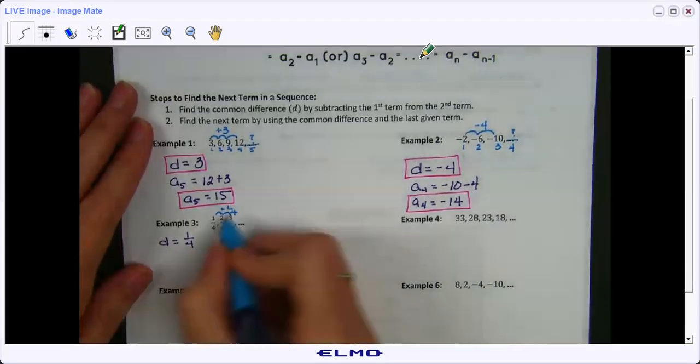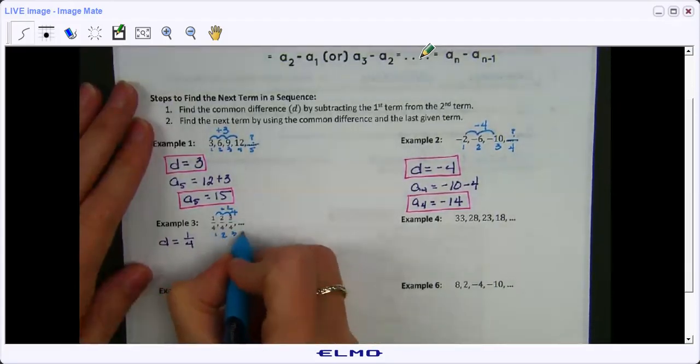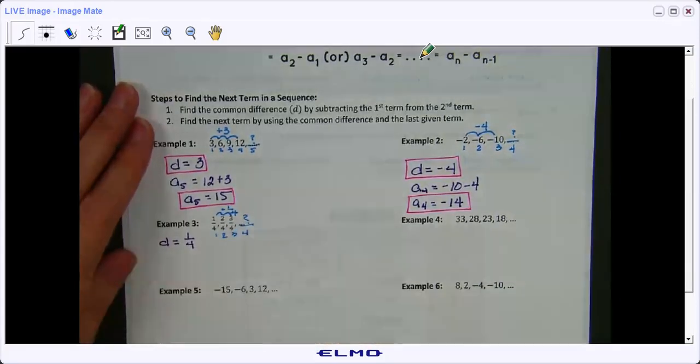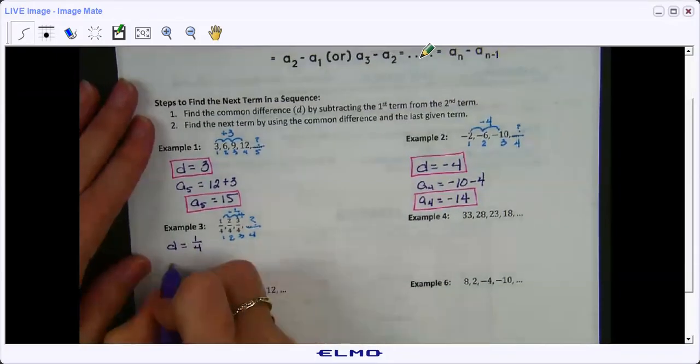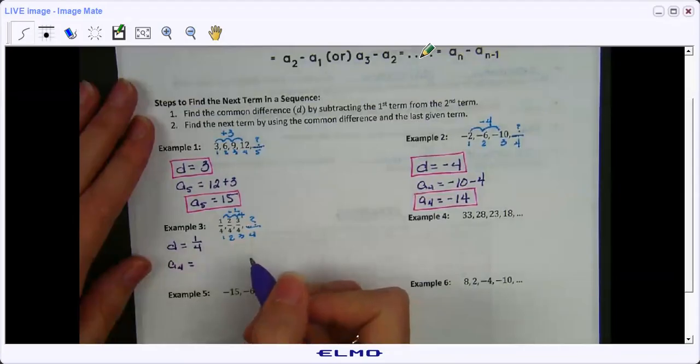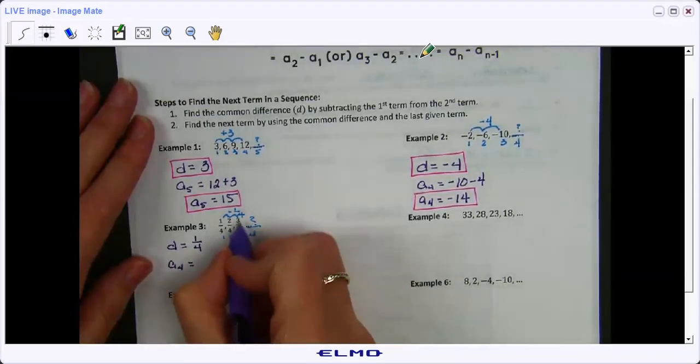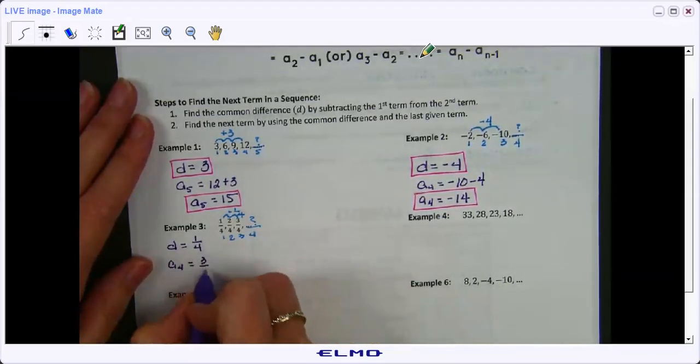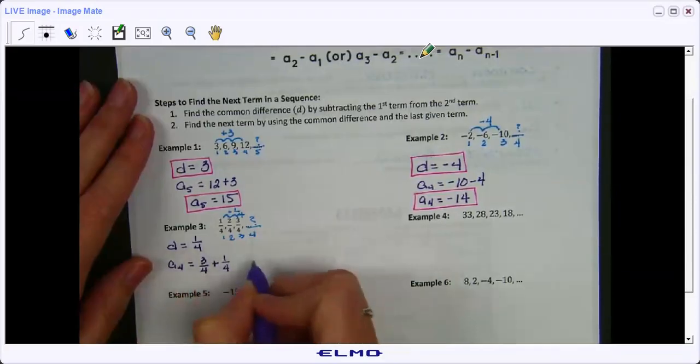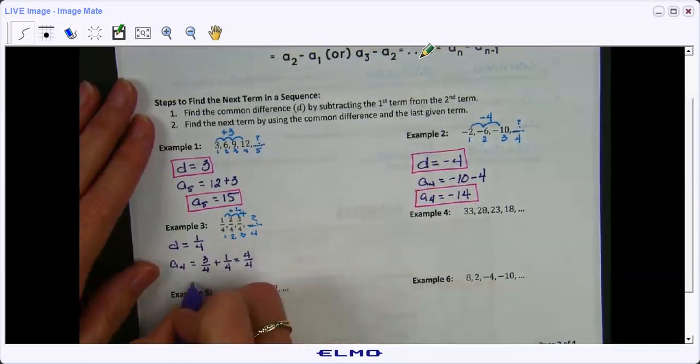And we are trying to find the 4th term. So a sub 4 is going to equal 3/4, our last number, plus 1/4, which gives us 4/4. And we simplify that down to 1.